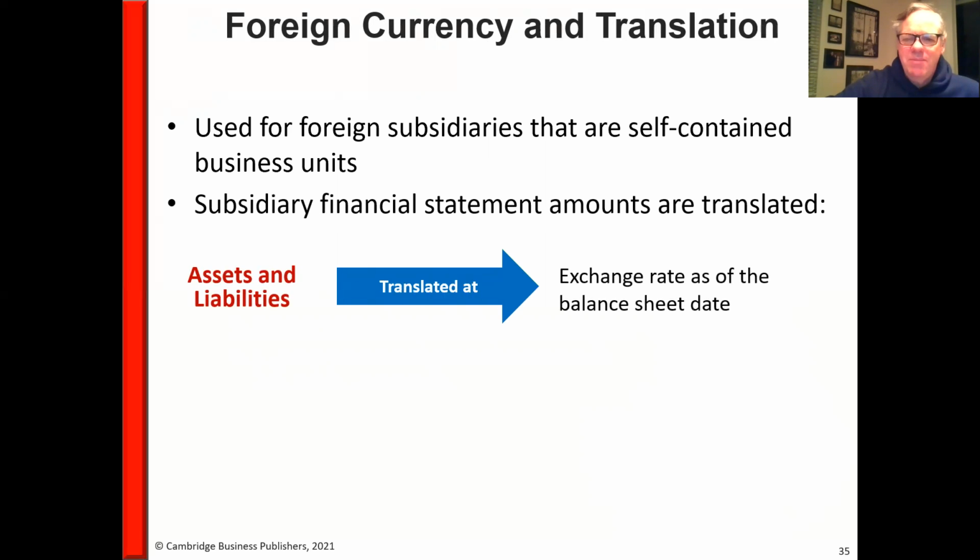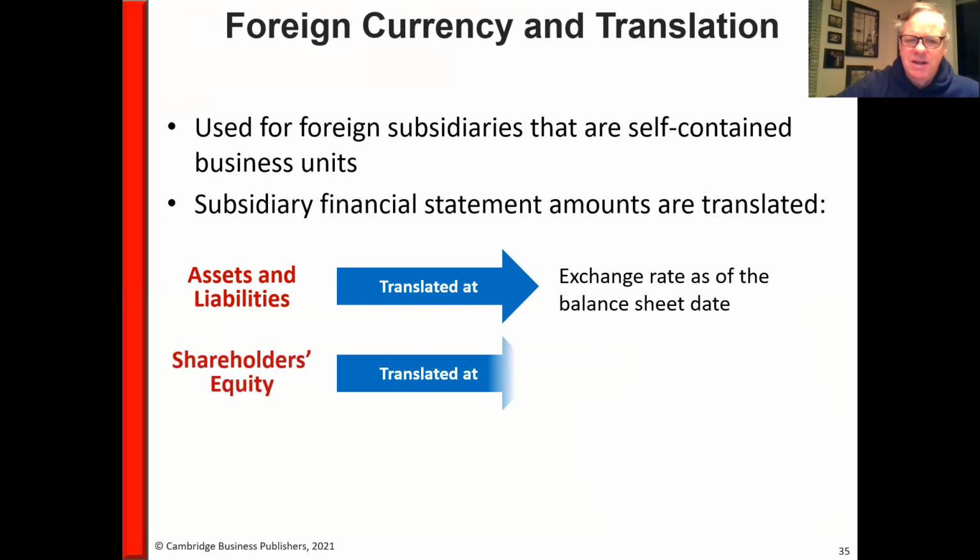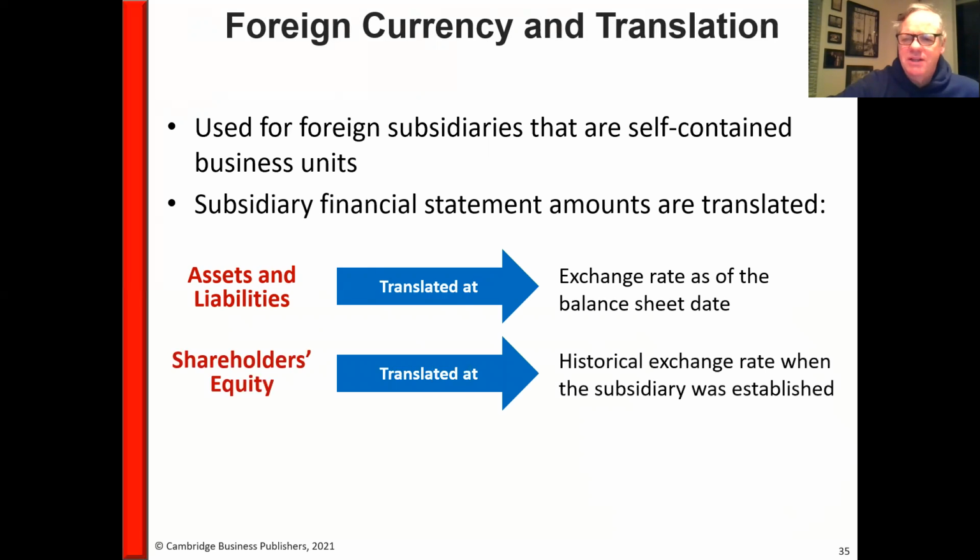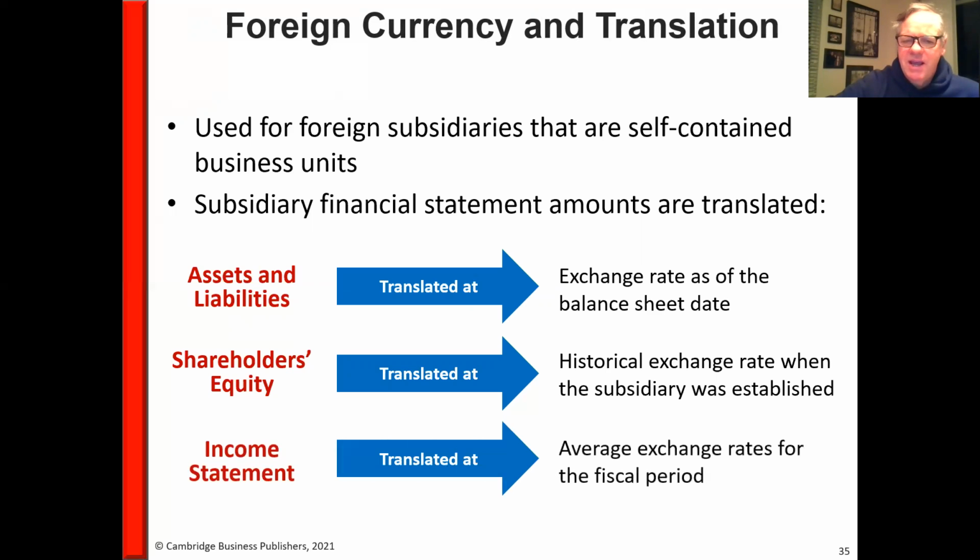Assets and liabilities are going to be converted at the balance sheet date. Stockholders' equity is going to be at the historic rate when the subsidiary was established. And on the income statement accounts, since these are transactions throughout the year, you're going to convert these at the average exchange rate that existed for the fiscal period.